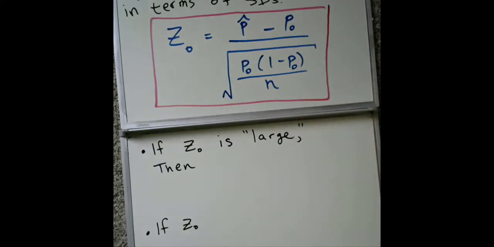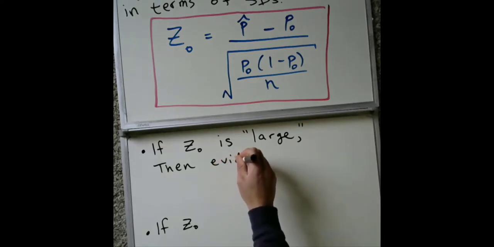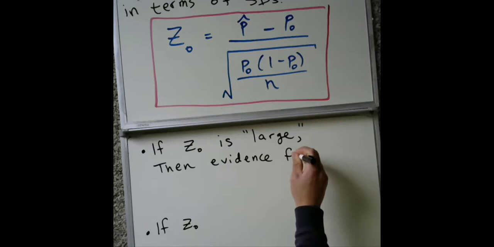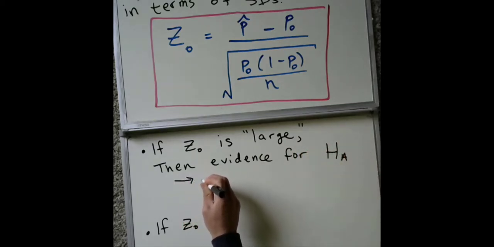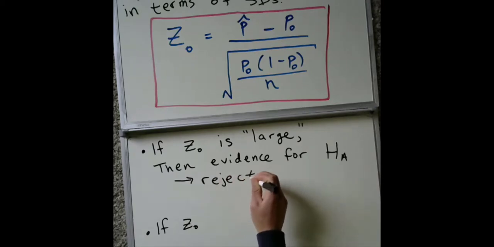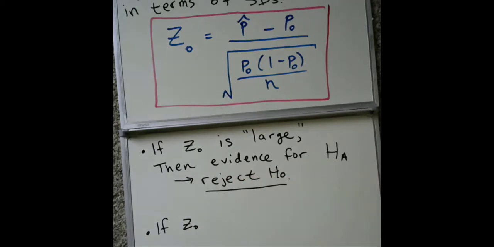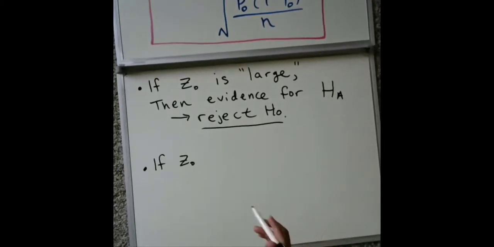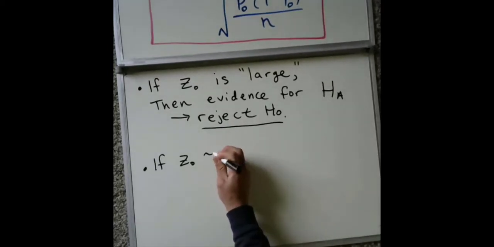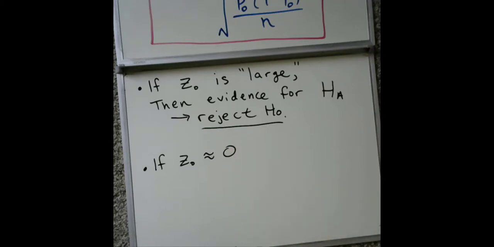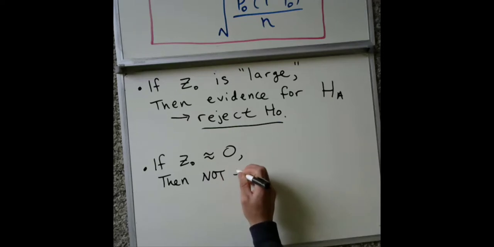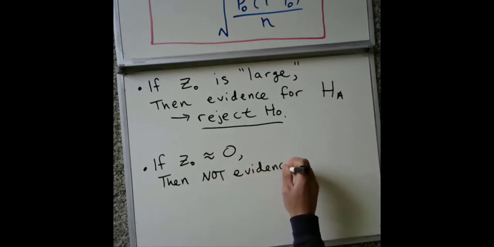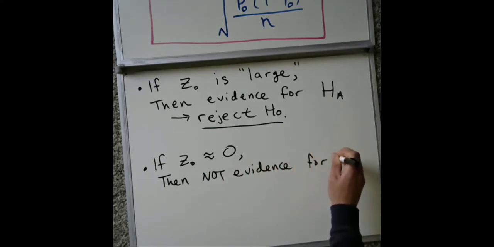That would probably correspond to having evidence for your alternative hypothesis, that you would reject the null hypothesis. On the flip side, what if you have a test statistic that is not large, maybe near zero? There is probably not evidence for the alternative hypothesis, right?